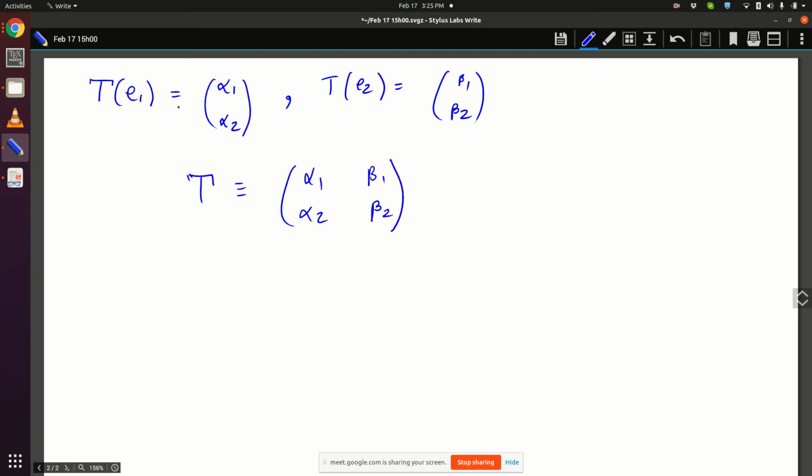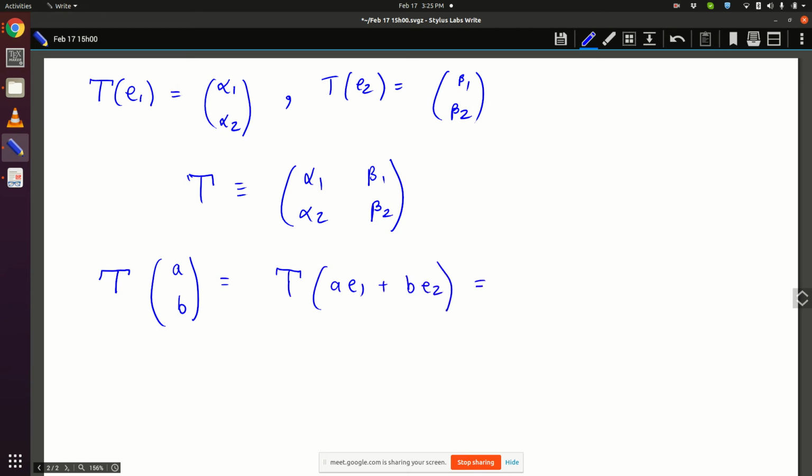So let us check if that is indeed the case. Suppose I try to do a linear transform T on a vector A, B. What is the equivalent of this? This is nothing but T of A E1 plus B E2.